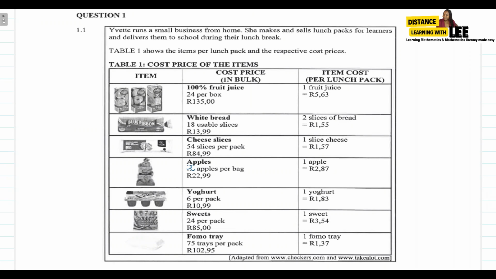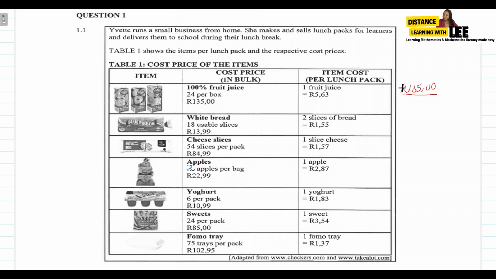Quickly, what they did here to get the price for one fruit juice is this: we already know that for 24 fruit juices, it costs 135 rand, and we want to find out the cost of one fruit juice.